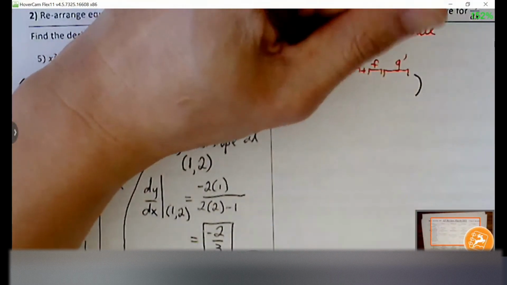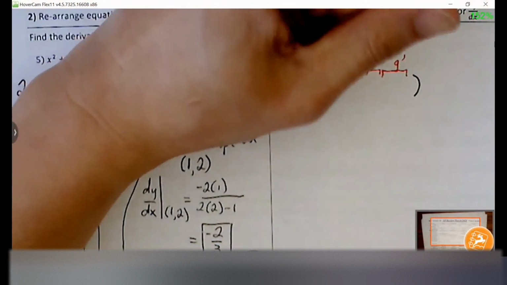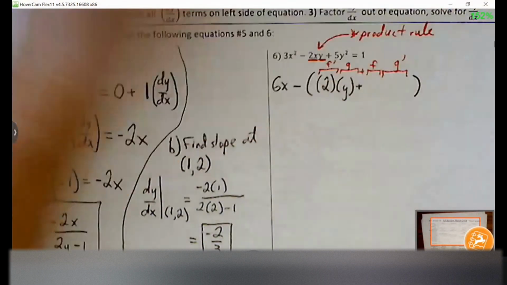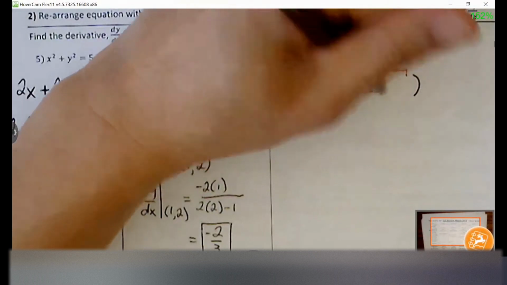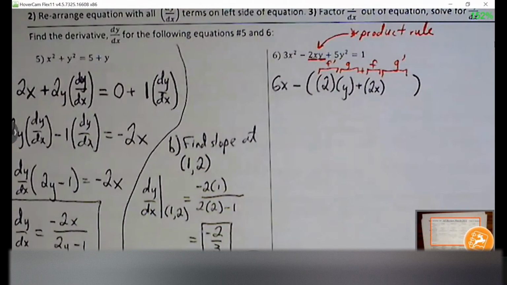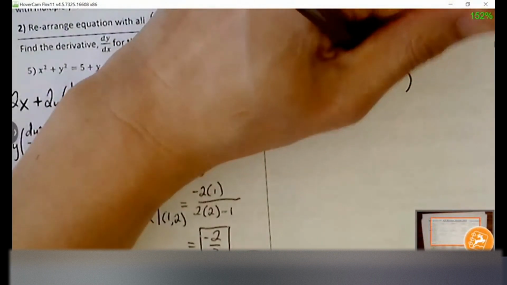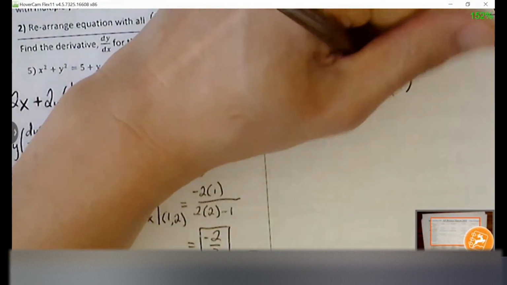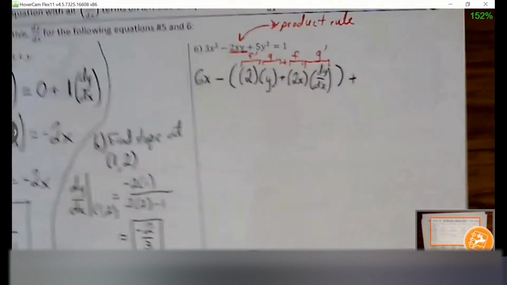Just 2, right? The original g function, no changes. I'm just going to bring down the y. Back to f. And what's g prime? 1 dy dx. Good. I'll just put dy dx here. All right, so we're done with product rule for that middle section.